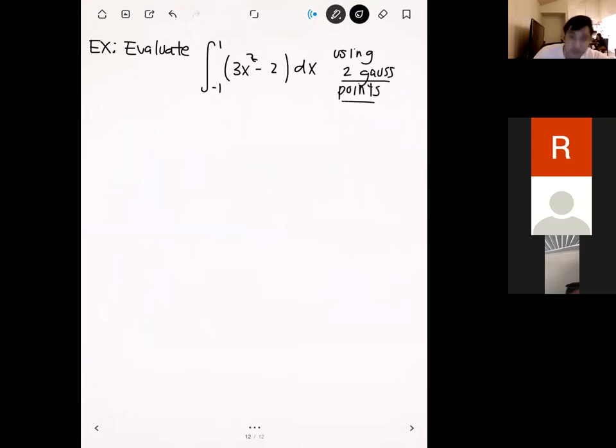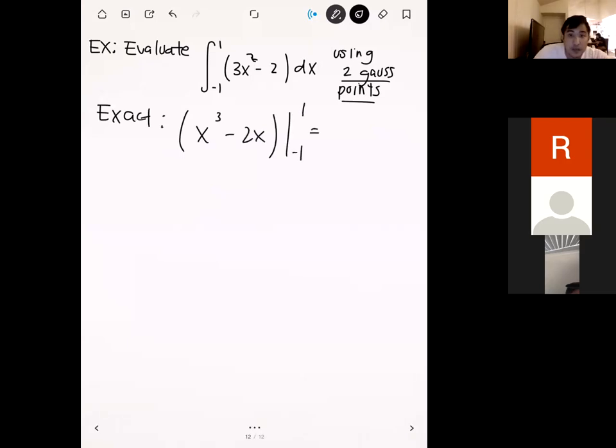Just to show you that this Gauss quadrature stuff is actually real and not made up, I'm going to evaluate this integral exactly first. For the exact integral, we just take the antiderivative, so we have x cubed minus 2x evaluated from -1 to 1.